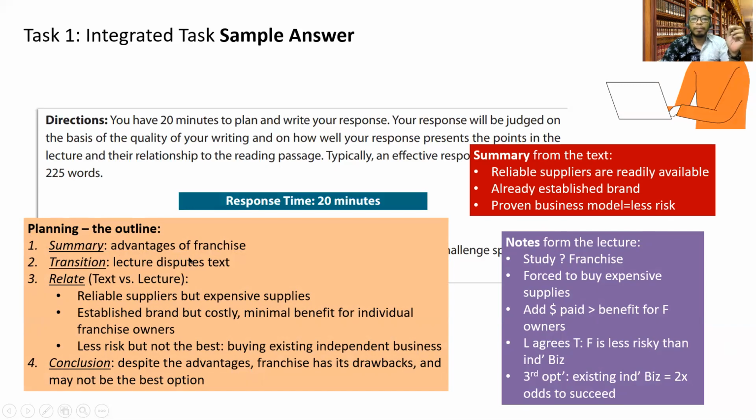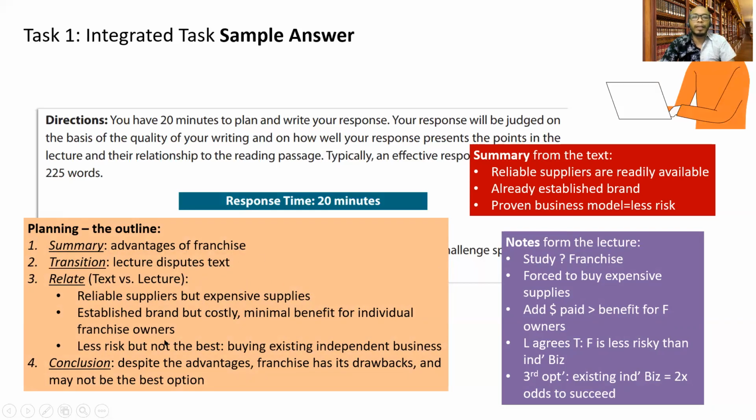So the summary, which is the advantages of the franchise, the transition, a statement that shows what the lecture stance is regarding the topic, and then the body of the essay, which relates the key points from the text and the lectures, as you can see in the points in the outline. And then the last paragraph will be a brief conclusion about the information.